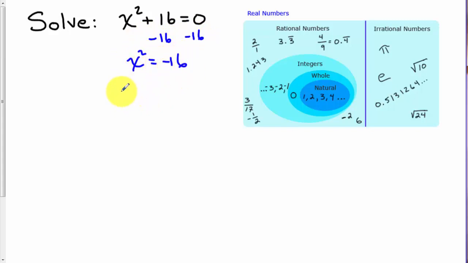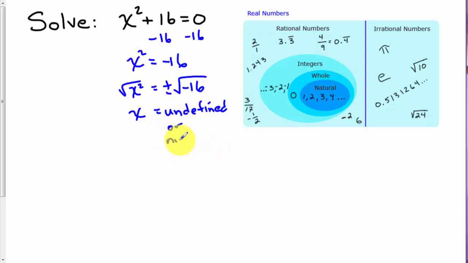So we take the positive and negative square root of both sides of the equation, and we get x equals plus or minus the square root of -16. Up until now, this would have been undefined, or no solution, because we can't take the square root of a negative number.